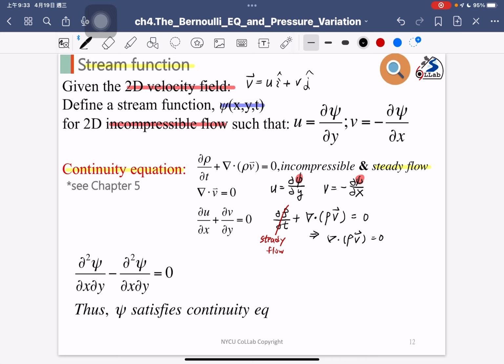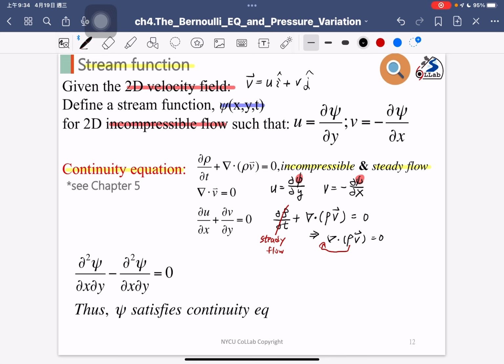Okay, and second, we consider our flow is incompressible flow. That means the density doesn't change if you change the locations. So we can take the density outside, because the density does not change with the location changes.